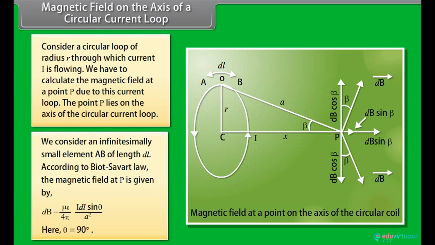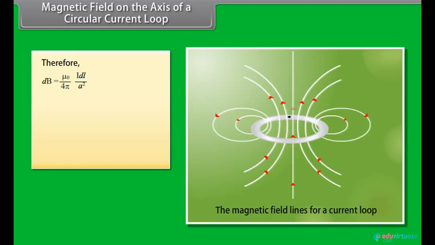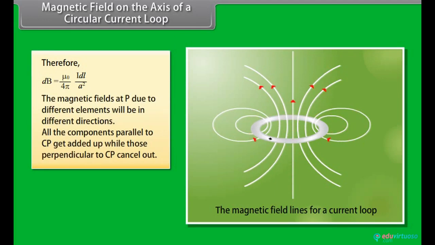Here, theta is equal to 90 degrees and sine theta is equal to 1. Therefore, the magnetic field at P is given by mu naught upon 4 pi multiplied by I dl divided by A square. The magnetic fields at P due to different elements will be in different directions. All the components parallel to CP get added up, while those perpendicular to CP cancel out.